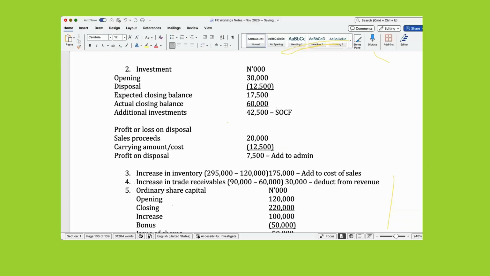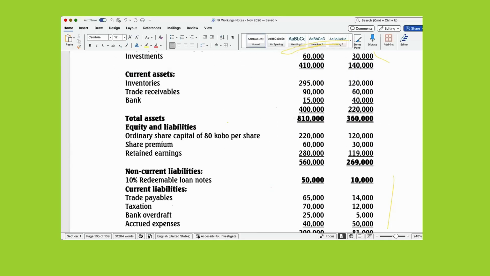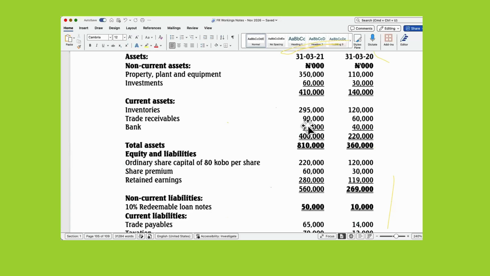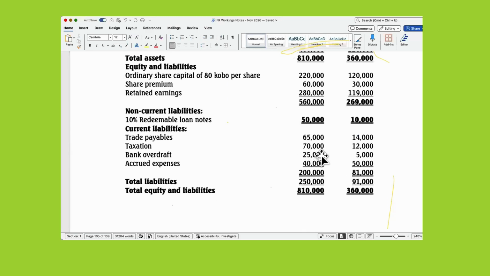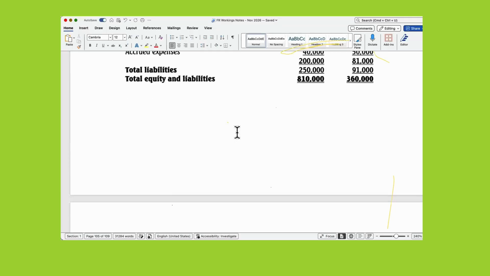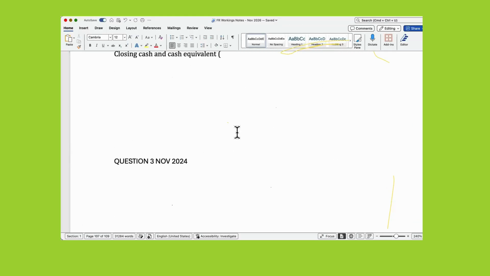So how much is that? That's 15 at the end. The bank overdraft is 25. So 15 minus 25, minus 10.